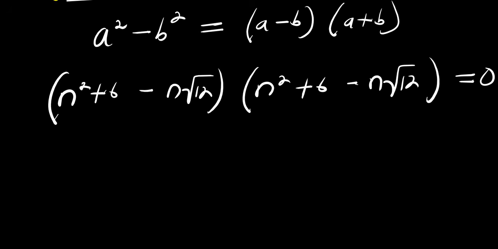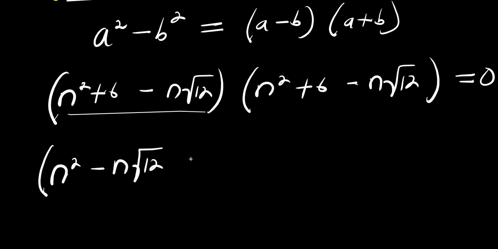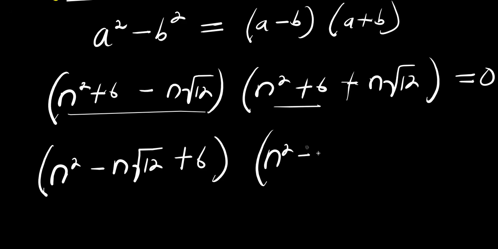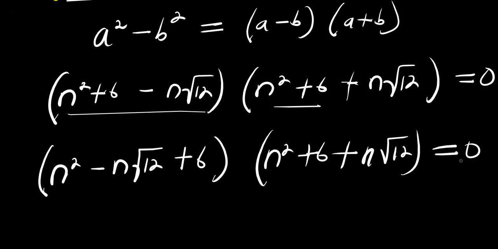So right now, I can rearrange this. n squared minus n times root 12 plus 6 times, this time around, this is a plus b, this is plus, because we are using a plus b here. That is my a, that is my b: n squared plus 6, that is my a, plus n times root 12, that is my b, equals 0.